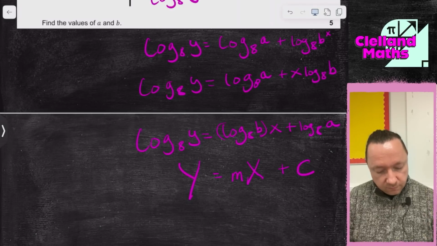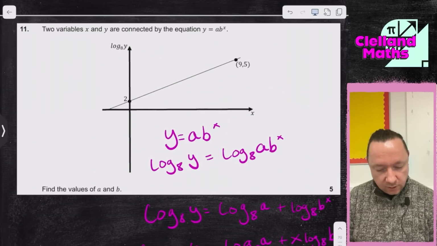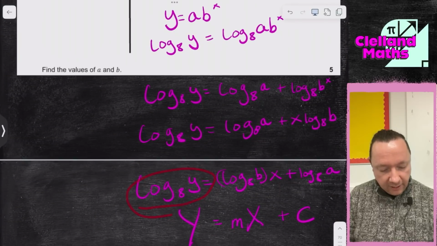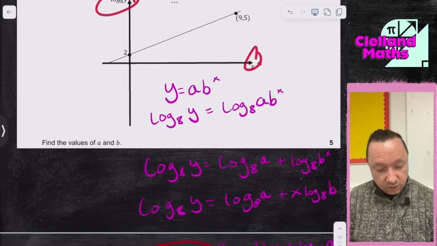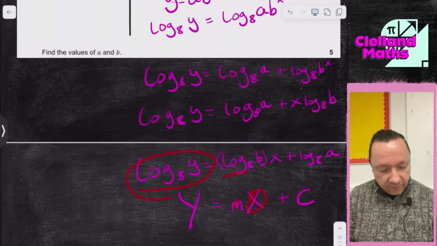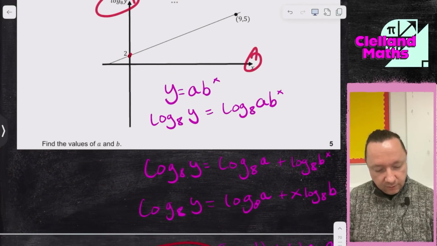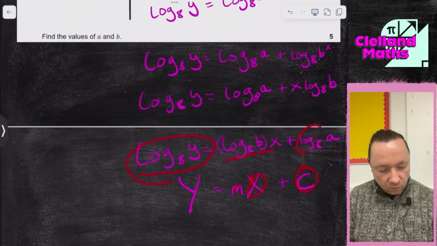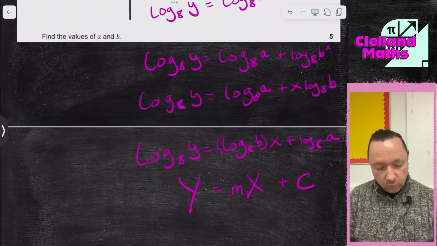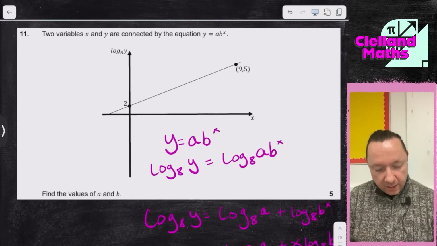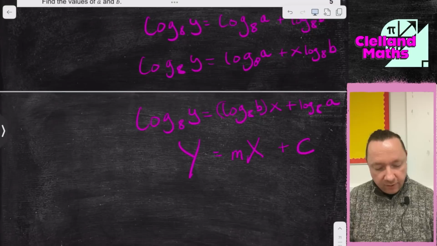So that's our y. Well, that's good because that's the y-axis. X is just x, which is great. Gradient is this, and c is where it cuts, which is here. And we know that c is log base a of a. So we can then work on this. So back up to here, we've got 0, 2 and 9, 5.